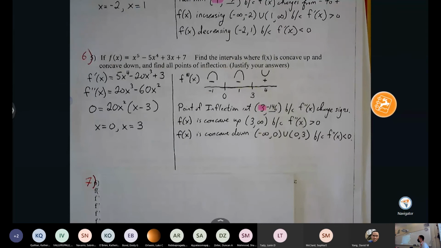So why do we go to f double prime? The reason why is because we're finding a different set of information. We want to find information about concavity. So that's curvature related, and curvature related is going to be from the second derivative. But if it's increase, decrease, slope related, then that's from f prime.